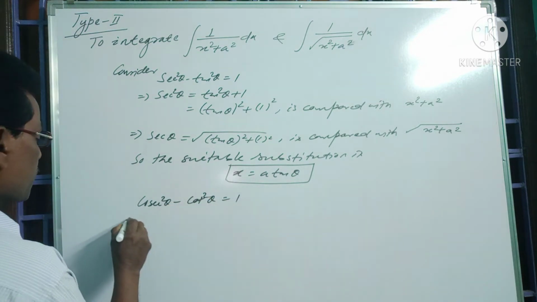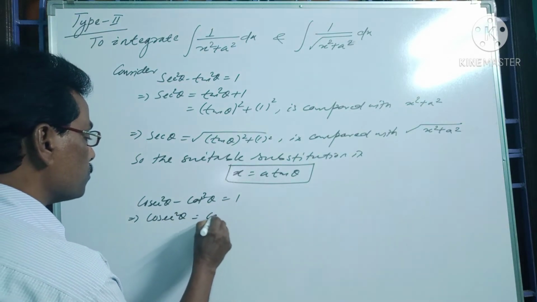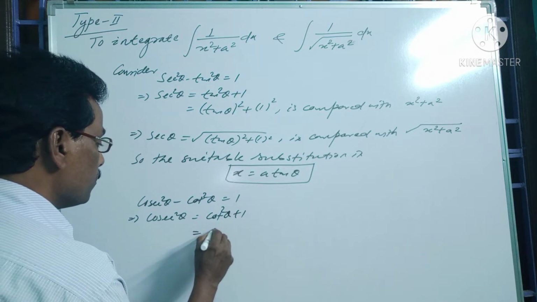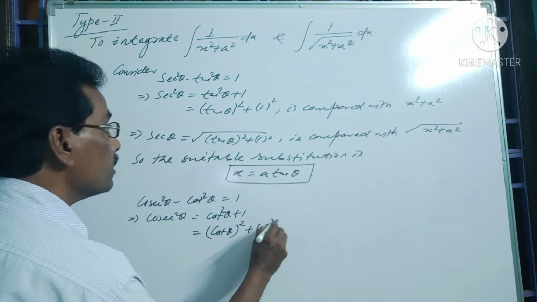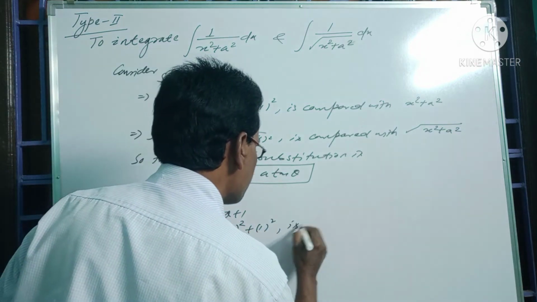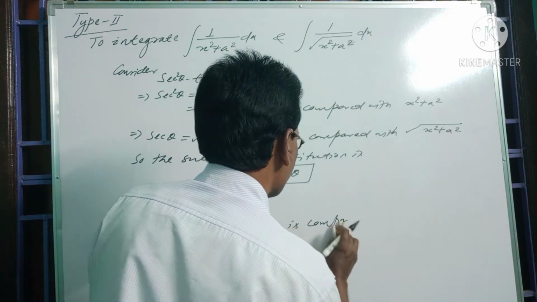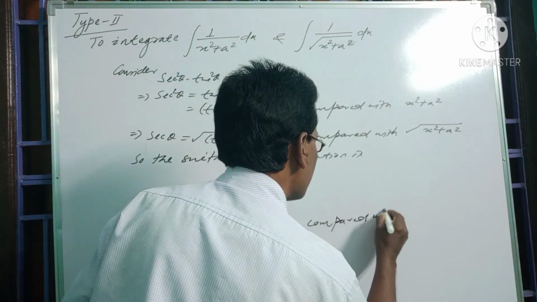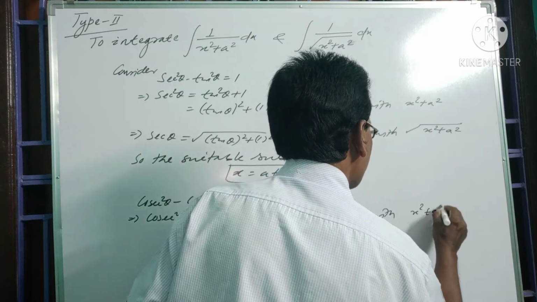So simplifying we have cosec square theta is equal to cot square theta plus 1, which is equal to square of cot theta plus square of 1, which is compared with x square plus a square.